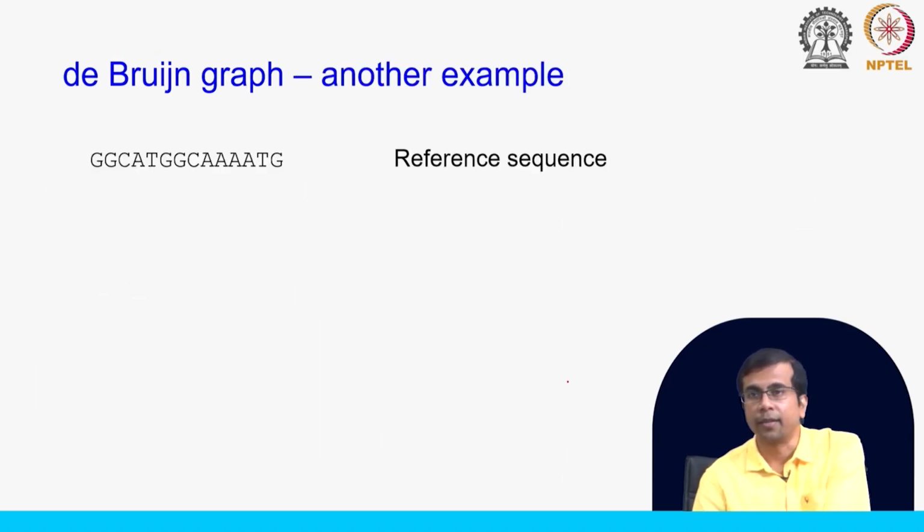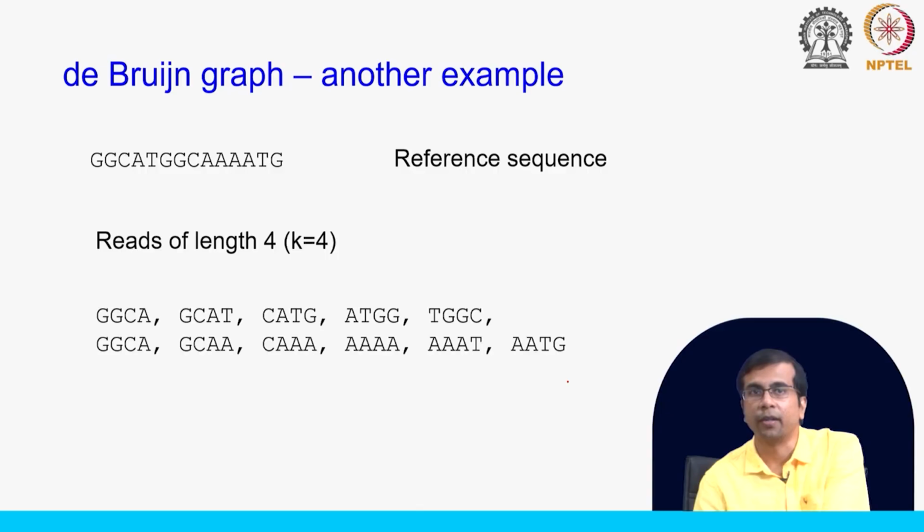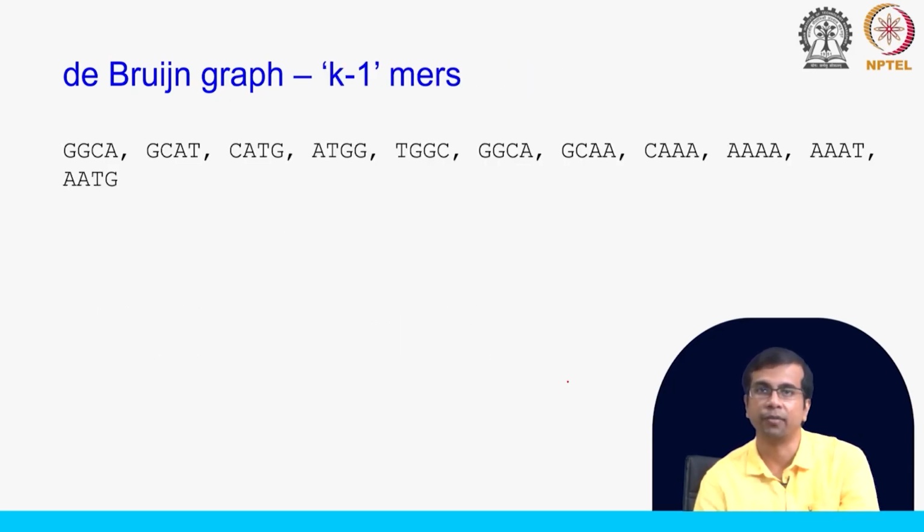Let us take the same reference sequence, but now we define k equals 4. So, we will do this for reads of length 4, and the steps are the same. The first thing is we define the k minus 1 mer for all of these reads.